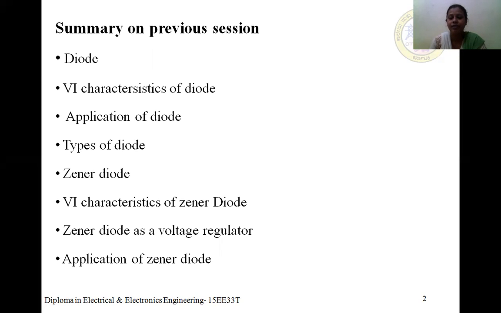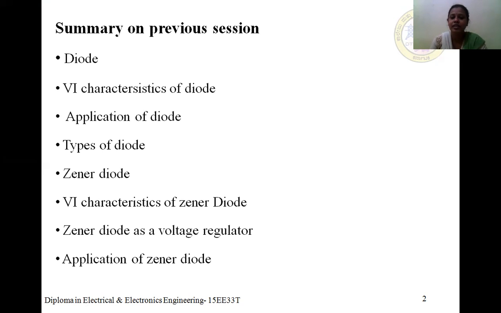The forward biased characteristic is similar to a normal PN junction diode. In the reverse biased characteristic, the current increases sharply and the voltage is constant, and that region of operation we call the breakdown region. Normally the Zener diode is operated in the reverse biased condition.